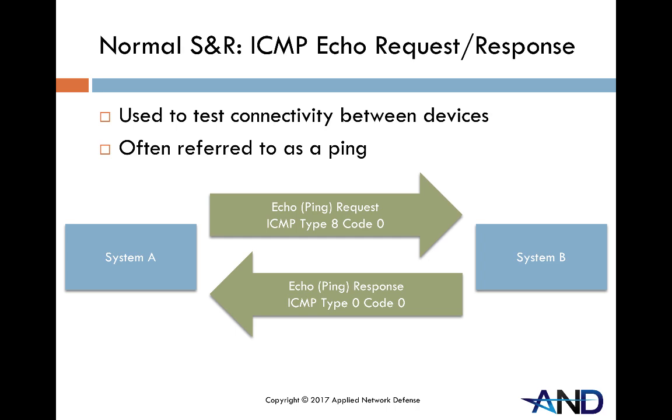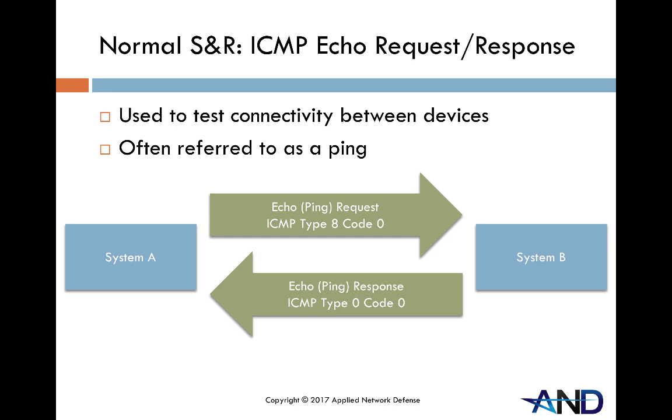Now, you would think that the request is Type 8 Code 0, that the response would also be a Type 8 Code 1 maybe, or something similar to that. That would make sense, but unfortunately that's not the case here. They're actually completely different types. So the request is Type 8 Code 0, the response is Type 0 Code 0, and that will complete the ping or echo request and response process.